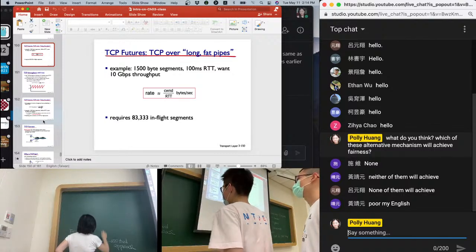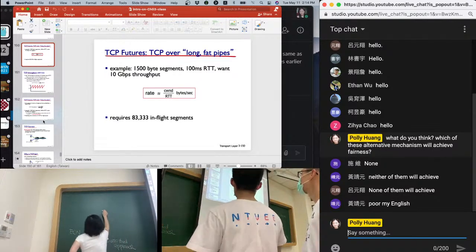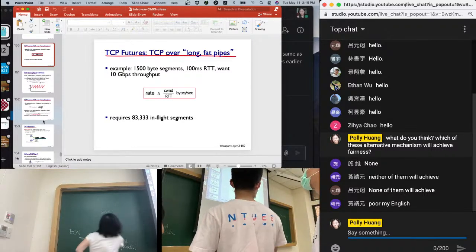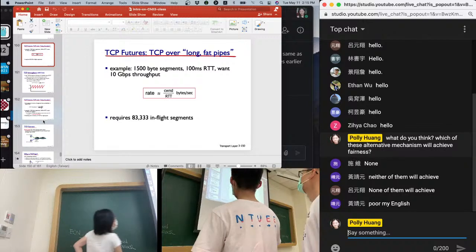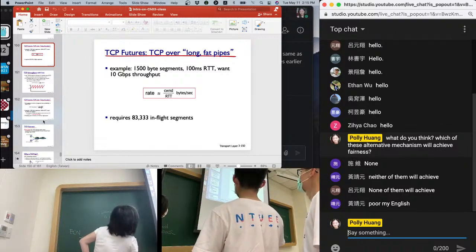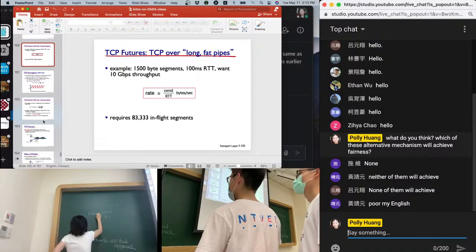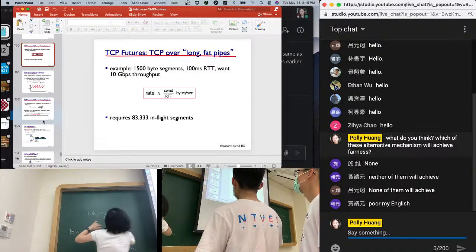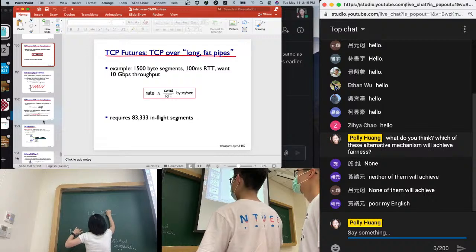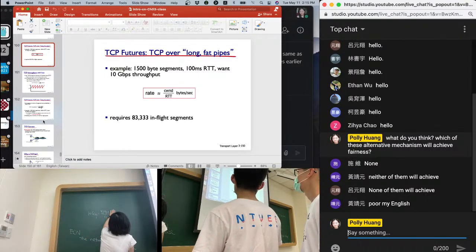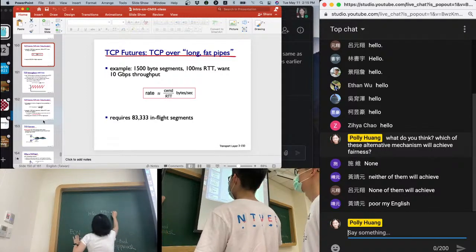So CWND, round trip time 0.1 second, and this should give us 10 gigabits per second. The congestion window size is the number of segments multiplied by MSS, and the MSS is 1500 bytes.